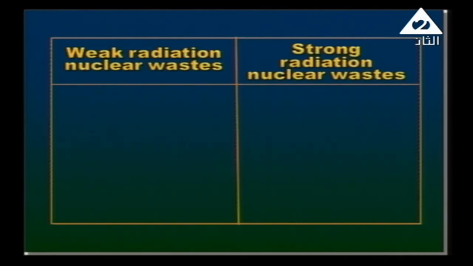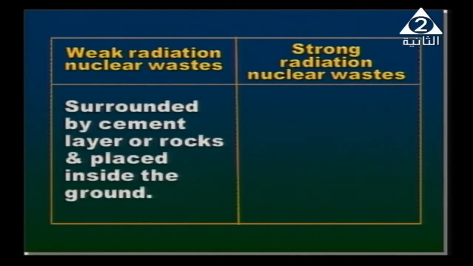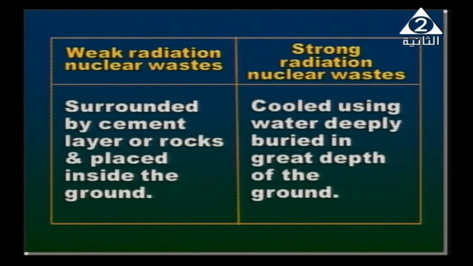Firstly, the weak radiation nuclear wastes are surrounded by a cement layer or rocks and placed inside the ground, while the strong radiation nuclear wastes are cooled using water and deeply buried at a great depth in the ground.